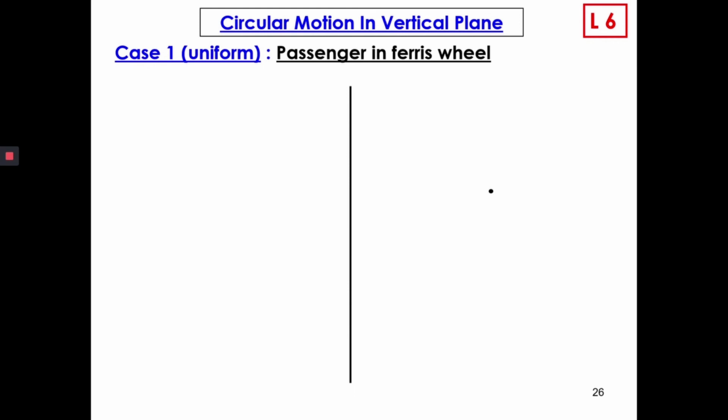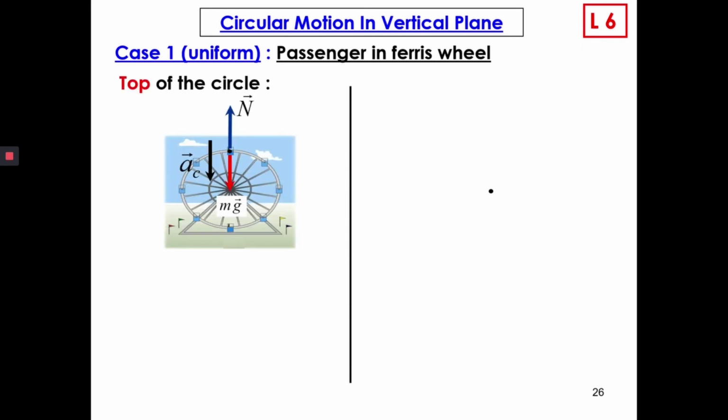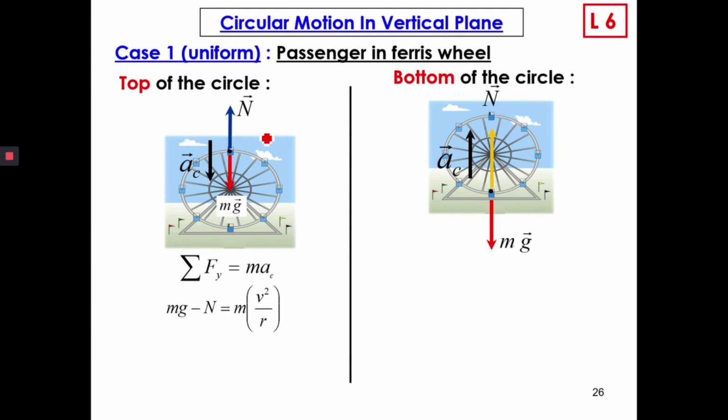Okay. Next case is circular motion in a vertical plane, where we're going to look at two different positions. One is at the top of the circle and one more is at the bottom of the circle. Let's look at the top of the circle first. Because this is a vertical plane, for example a Ferris wheel, as the object moves vertically, we're going to look at centripetal force in the y component.